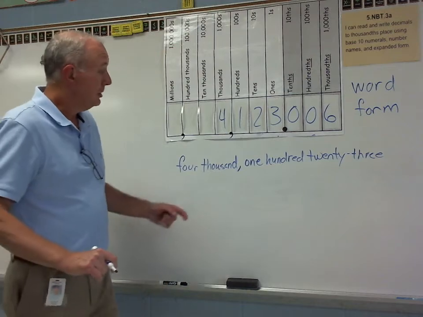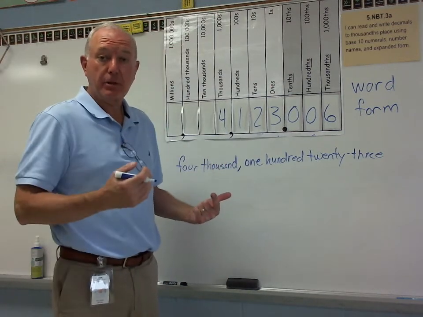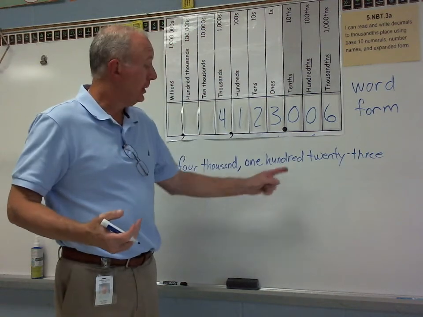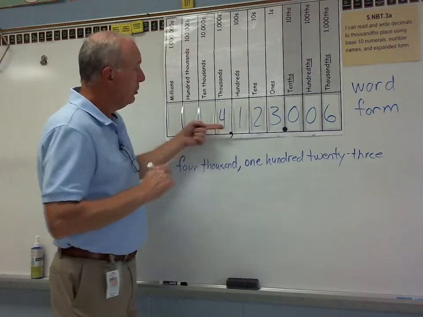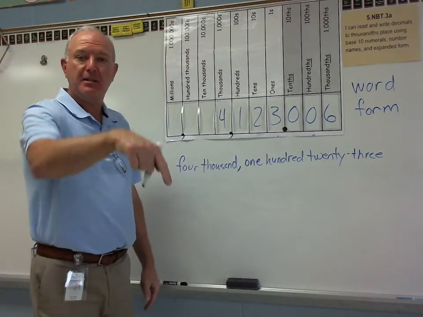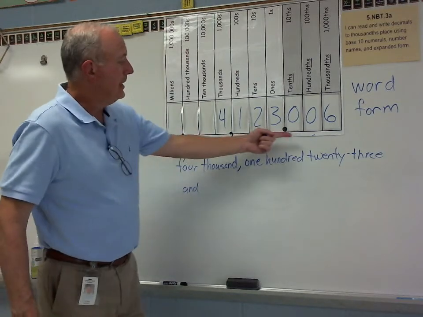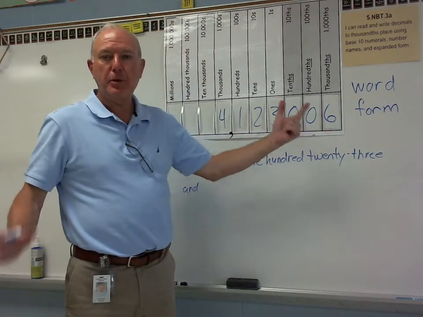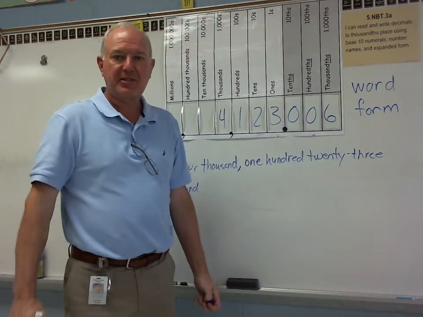It looks like a dash. Remember, we don't say 123 because and is where that represents our decimal point, and we do not have a decimal point right here. Okay, 4,123, and then the decimal point, and the decimal point is and. Then we read what's behind the decimal point, just like it's one number. 006.